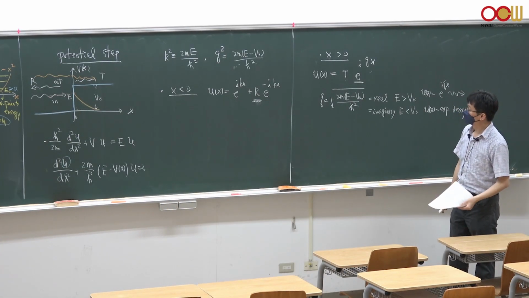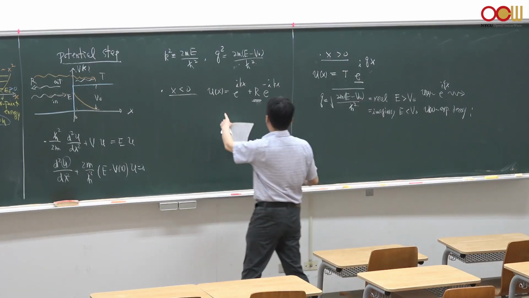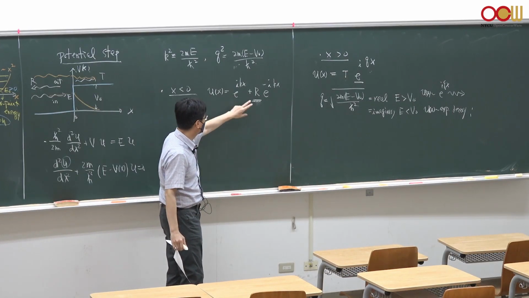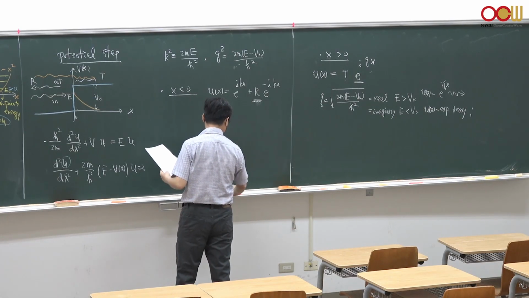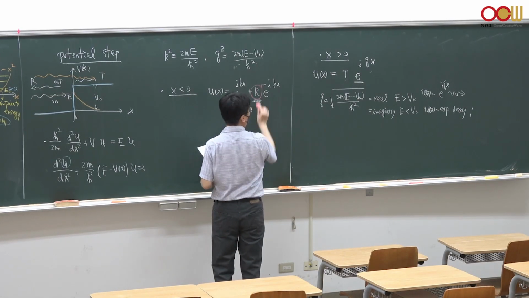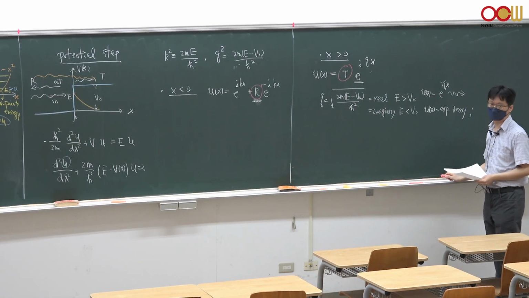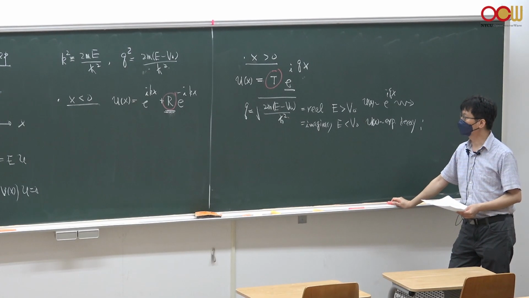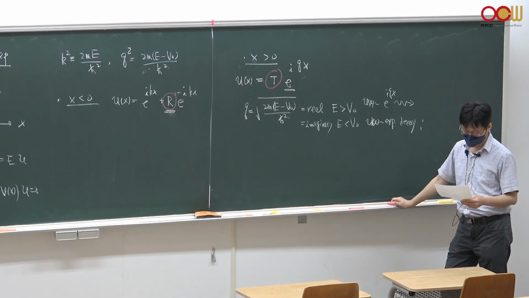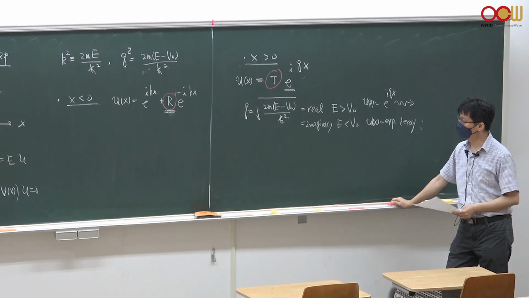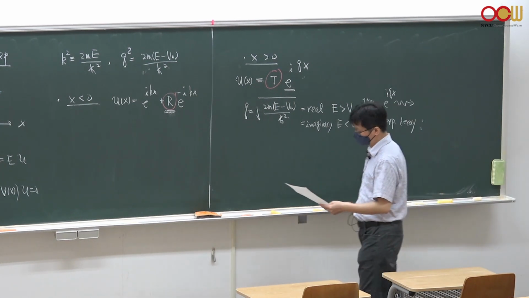So we have these two different regions with two different possible solutions, and the problem is to find the so-called reflection coefficient and transmission coefficient. So we need to solve for capital R and capital T, and both can be real numbers or complex numbers.